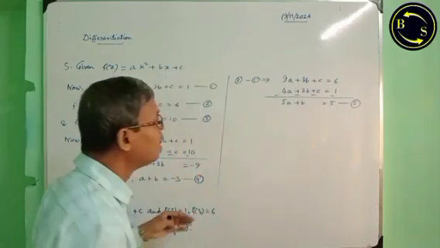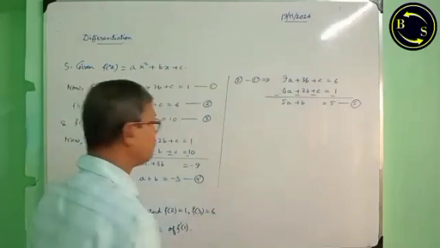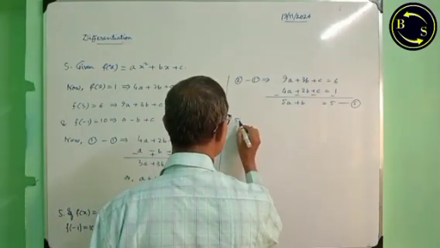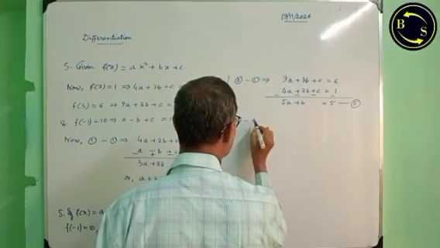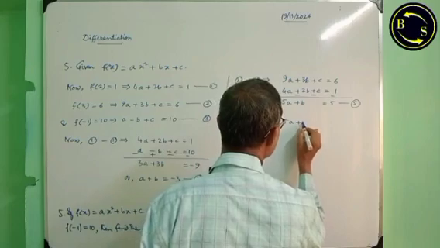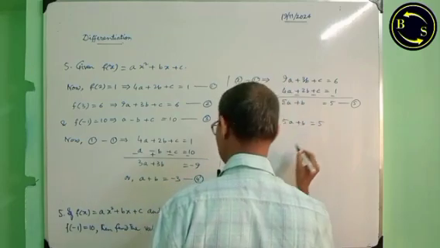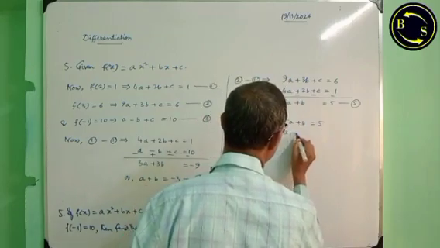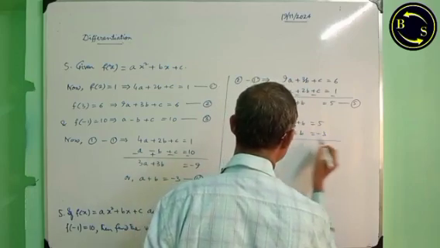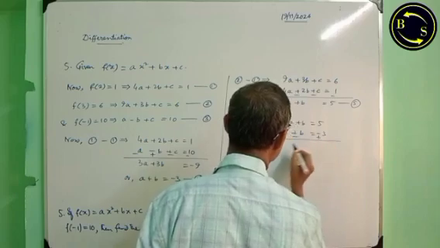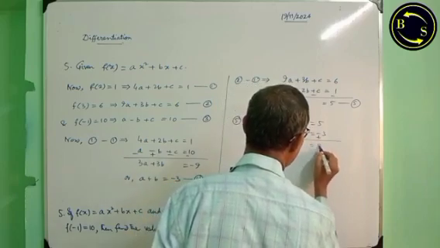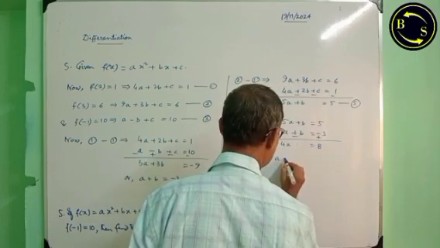Now we consider these two, 4 and 5. Subtracting, 5a plus b is 5, and this one, a plus b is equal to minus 3. We subtract: 4a is equal to 8, therefore a equal to 2.